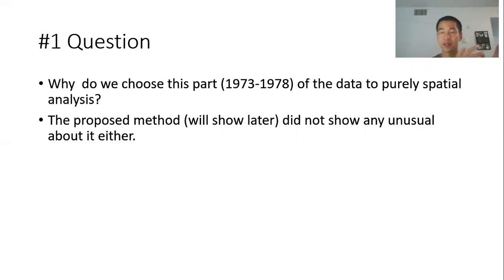So purely spatial analysis and space-time scan statistics basically give the same result, which is no significant finding for this time period. So what is the point of singling this piece out? I hope you can answer my question. This is one point which confused me.